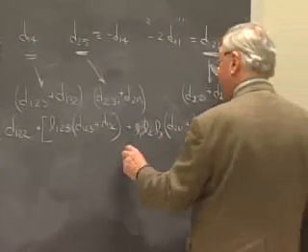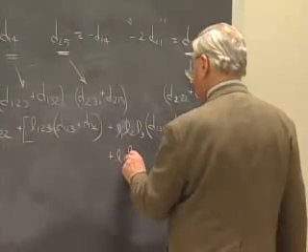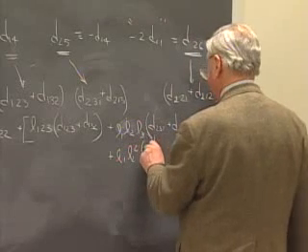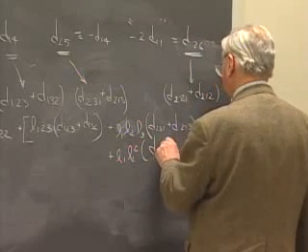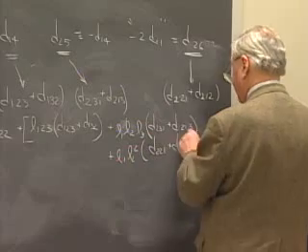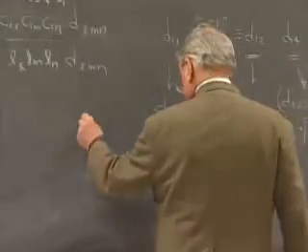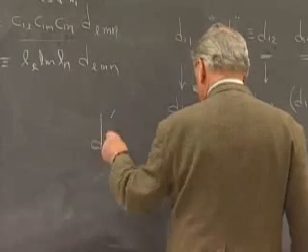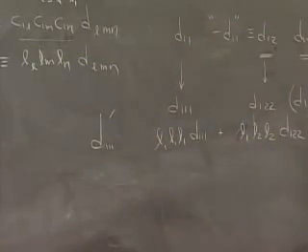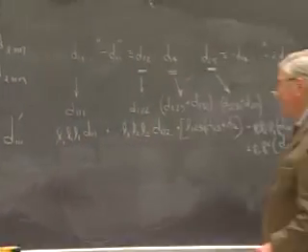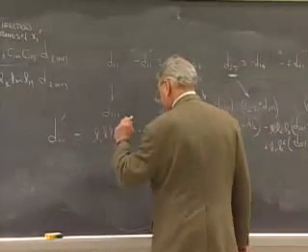And this last term will be L1, L2 squared times D221 plus D212. All right, so this now is our new tensor element D11 prime. And that's given by this sum of terms.